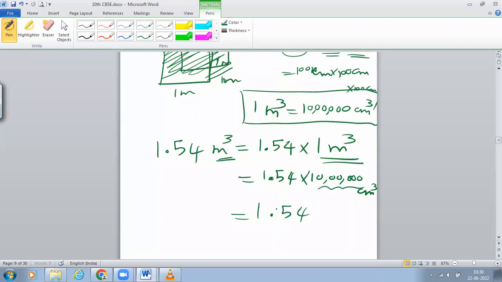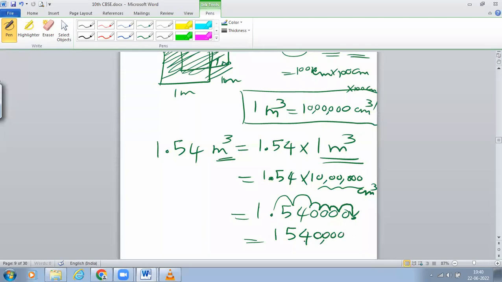I have shifted 2 digits, but we have to further shift 4 more digits. But there are no digits, so we have to put 4 zeros. 1, 2, 3, 4, and now shift 3, 4, 5, 6. Now the decimal point is at the right end. Therefore, 1.54 into 10 lakh is equal to 154 followed by 4 zeros.